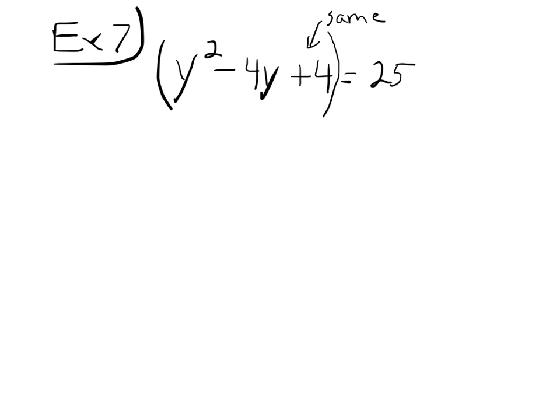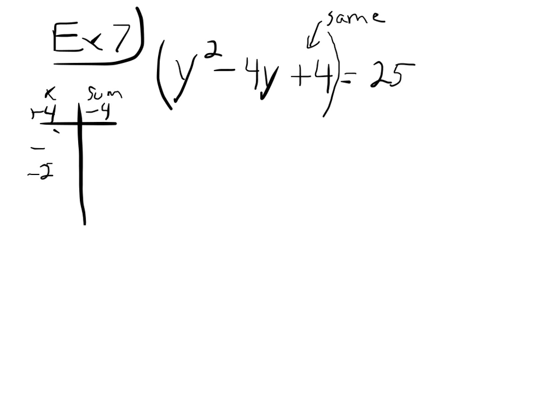So in our head, we can ask ourselves, what multiplies to give us a positive 4 and adds up to give us a negative 4? Let's see, what multiplies to give us positive 4 with a sum of negative 4? The answer to this would be negative 2 and negative 2.